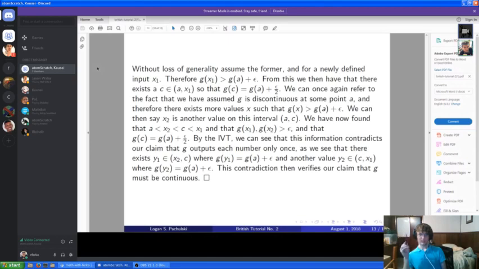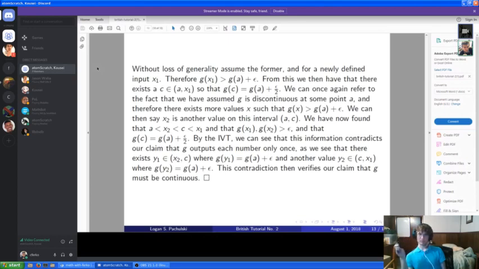Okay, so third sentence. From this we then have that there exists a C in the interval. Why is that true? You say from this, but from what exactly? So the third sentence, when you say from this, we then have that there exists a C in the interval, which G of C is G of A plus epsilon over 2.